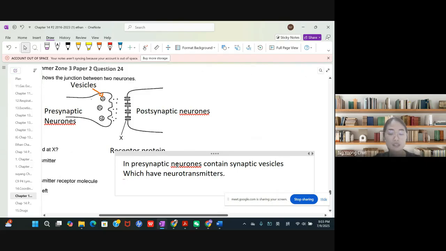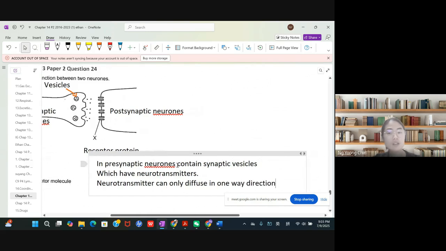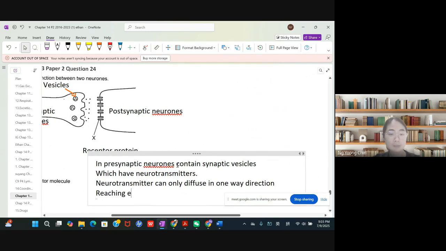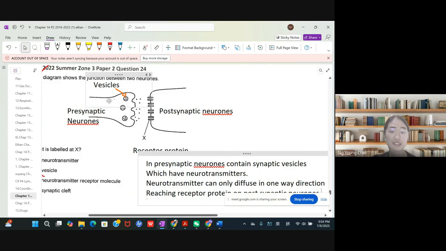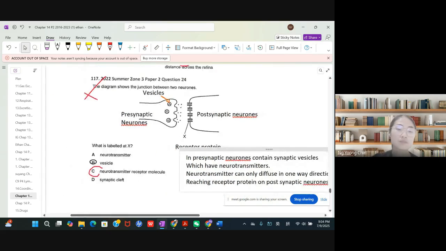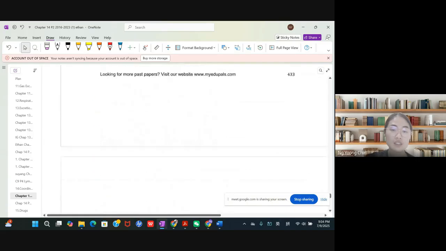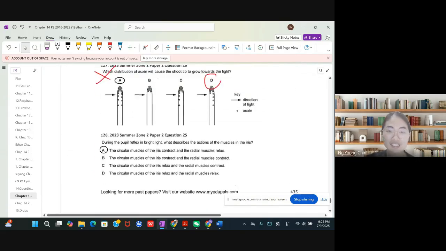So the neurotransmitter can only diffuse in one direction, reaching the receptor protein on the postsynaptic neuron. Due to their location, the presynaptic neuron only has vesicles, and the postsynaptic neuron only has these receptor proteins. Okay, I think I finished it.